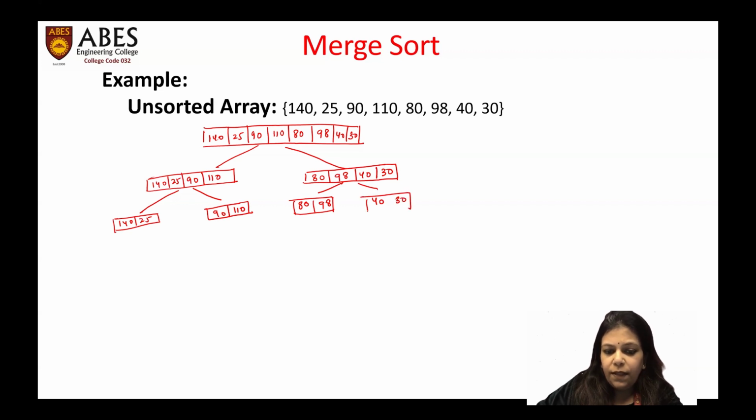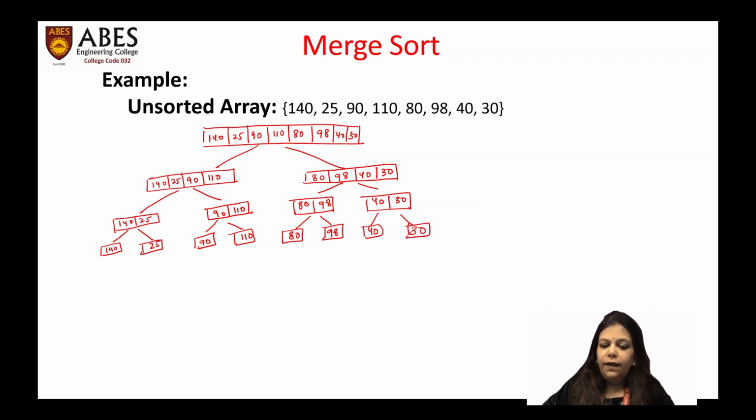We'll keep on dividing these arrays till each array has only one element. So at this point, each array is storing only one element. Similarly, 80 is one part and 98 will be another part. Here 40 and 30.